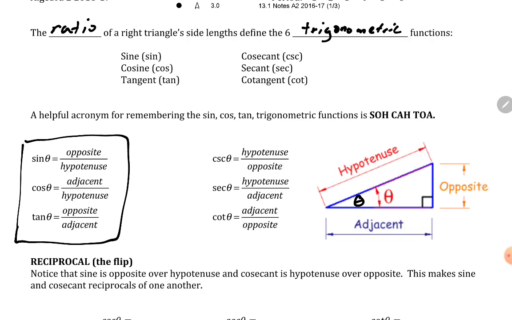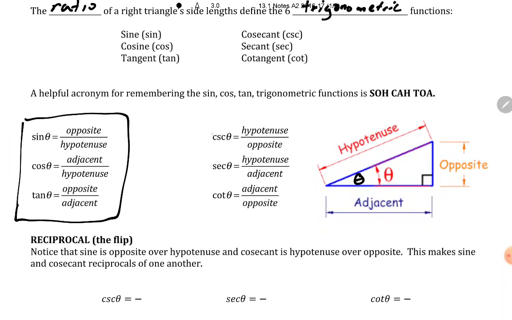Now to figure out cosecant, it is just sine upside down. Just flip the ratio over. So instead of opposite over hypotenuse, it's hypotenuse over opposite. Cosine and secant are flipped over, and then tangent and cotangent, of course, is flipped over there. So we're just doing a flip.